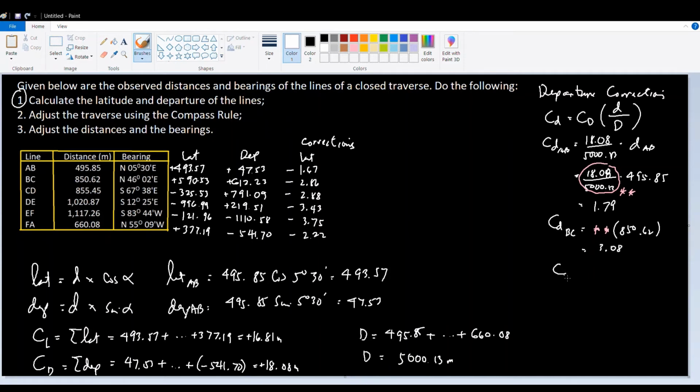Then repeat that for line CD, line DE, line EF, and line FA. And the values that you should get are 3.09, 3.69, 4.04, and 2.39.